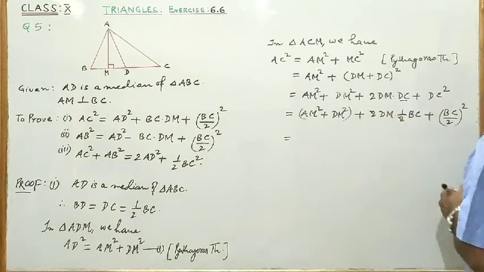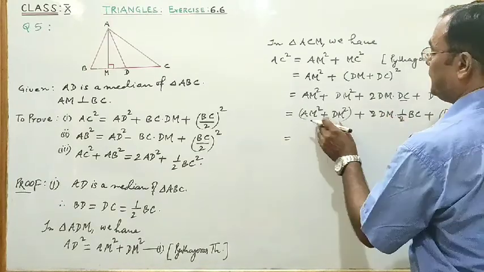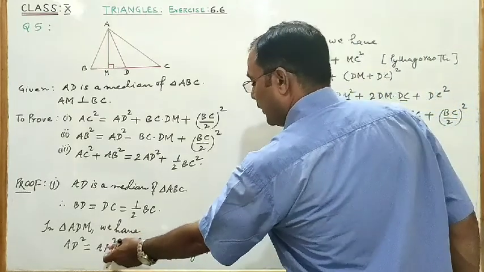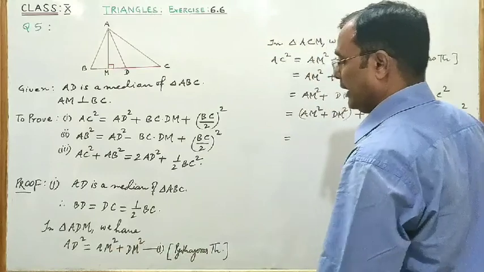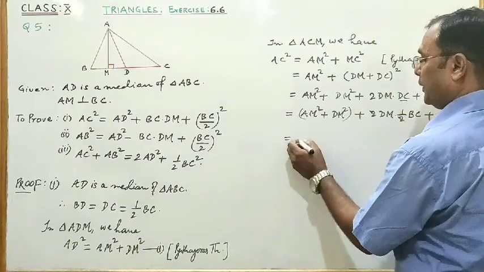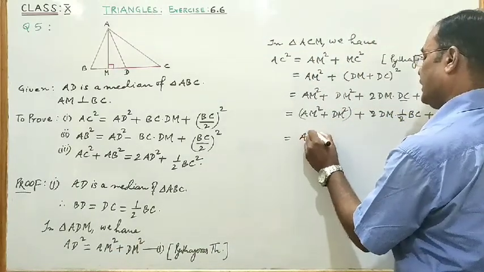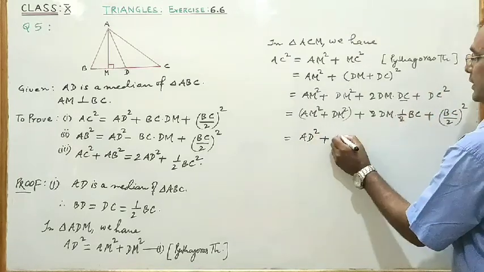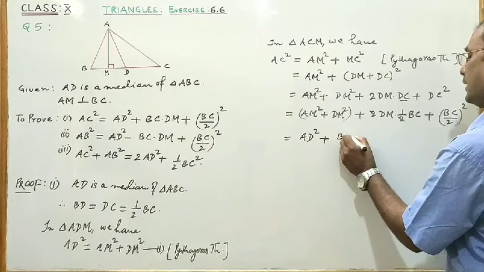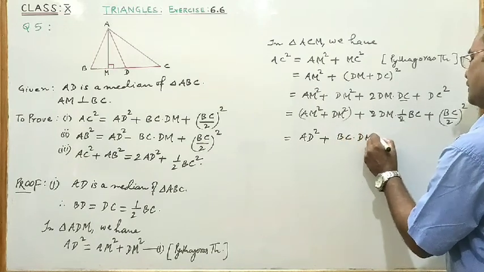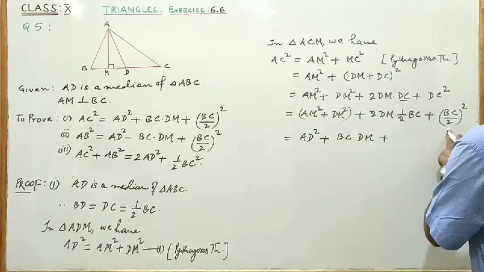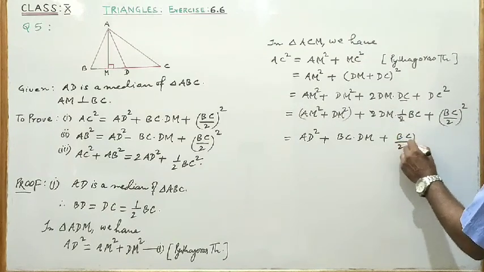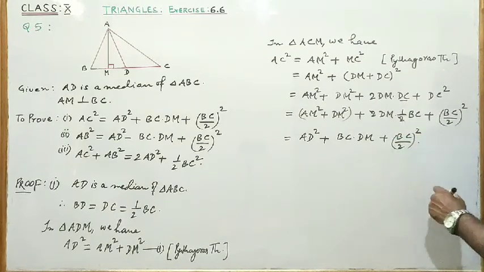This 2 and 2 gets cancelled. AM square plus DM square we can write equal to AD square from 1. So AD square plus BC into DM plus BC by 2 whole square.